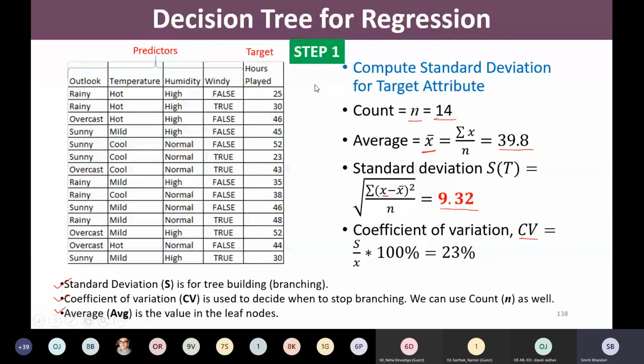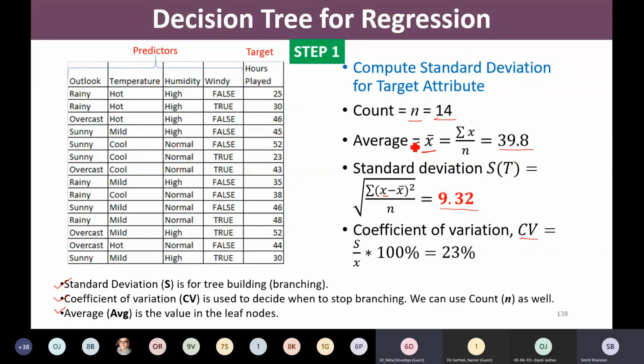So this entire data set is available with us. So we are considering all these target values to compute our standard deviation. So the entire data set we have to consider as x. Here this individual value is x.